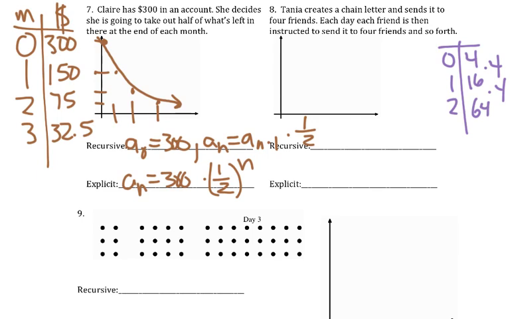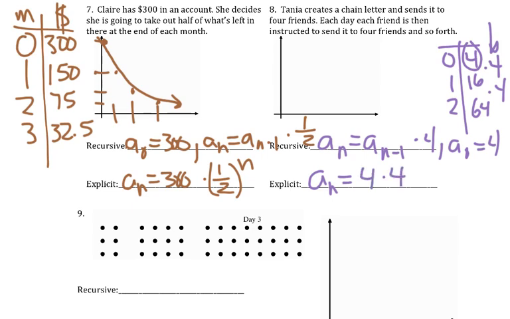Our starting number is 4, and our growth is 4. So recursive: a sub n equals a sub n minus 1 times 4, and a sub 0 equals 4. The explicit is a sub n equals the starting number 4 times 4 to the n, since we keep timesing by 4.